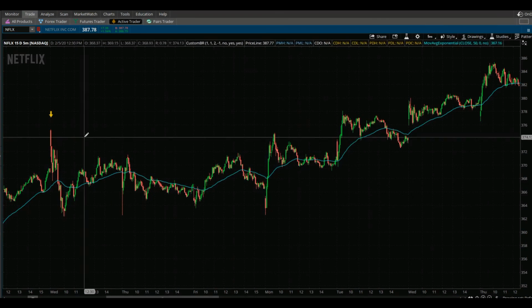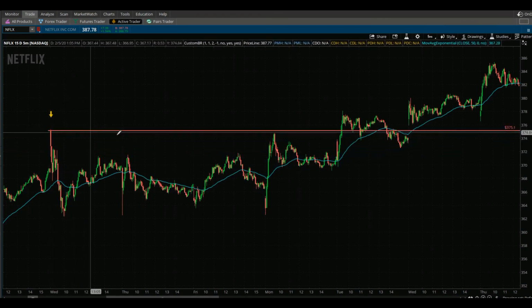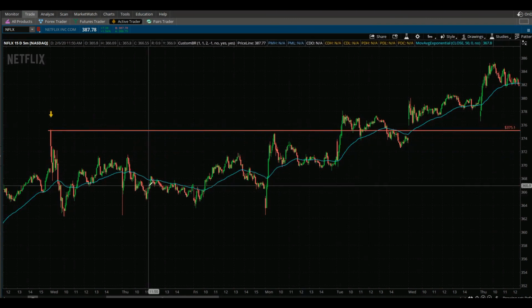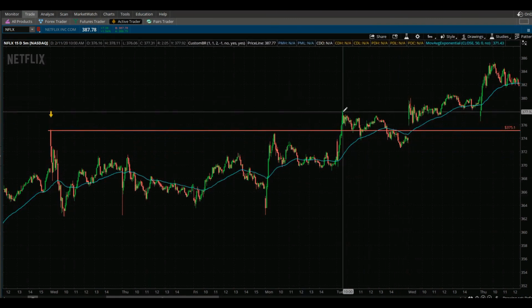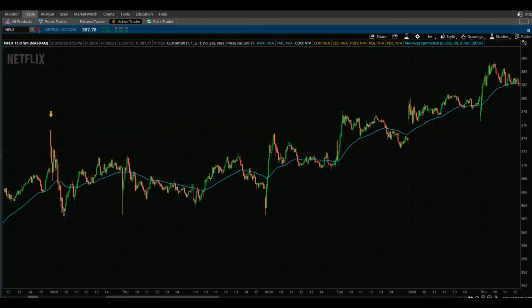We have a line of resistance right here. And I'll go over this in my next video. We have some resistance right here as well. So we're creating a stair step pattern. Let me delete this. We're actually stair stepping our way up.